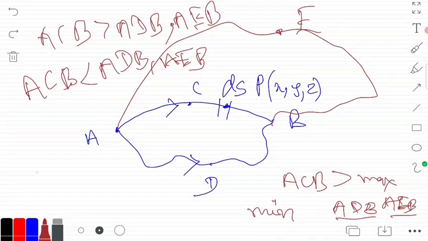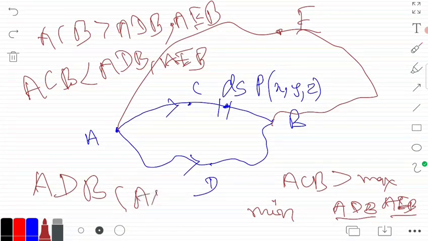An intermediate situation will not arise. Intermediate situations mean a situation like ADB smaller than ACB, and then AEB the largest: ADB smaller than ACB smaller than AEB. Such a situation will not arise because it is always an extremum.